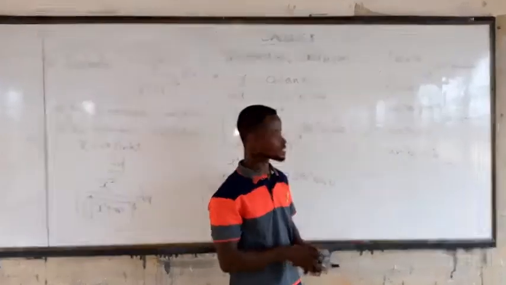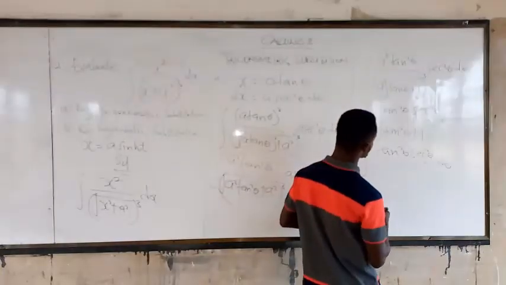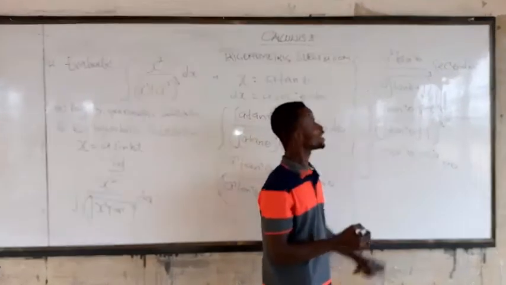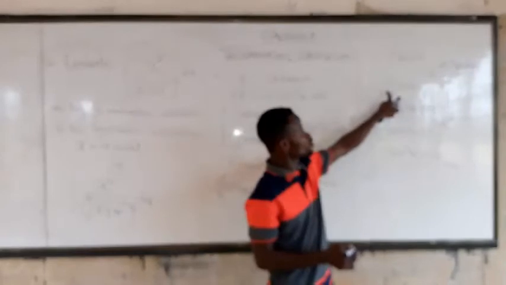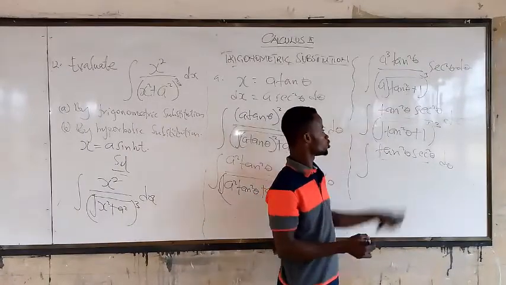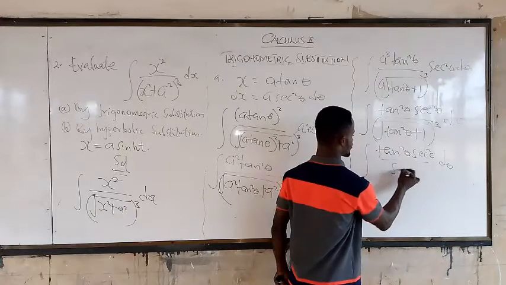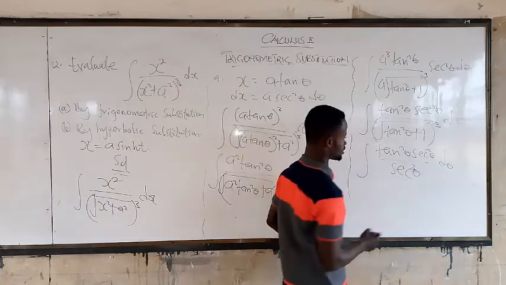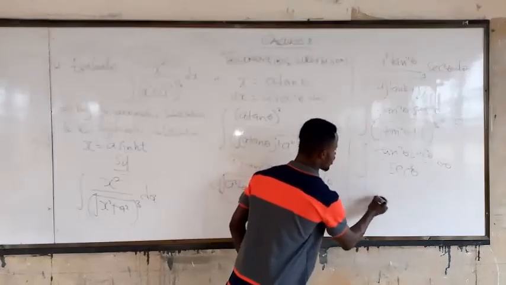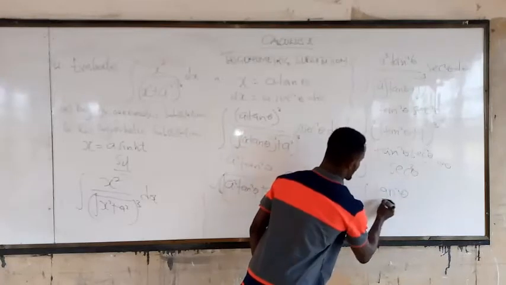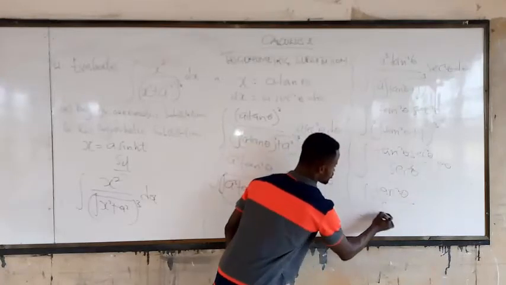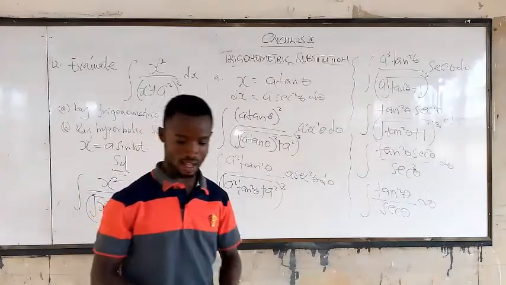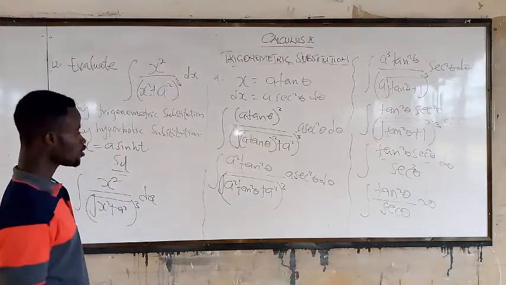Don't forget that this affects the a, but it doesn't remove it. So the whole of the inside is sec theta, then the power 3 will affect it. So we get the integral of tan squared theta over this, cancel this, by sec theta d theta.